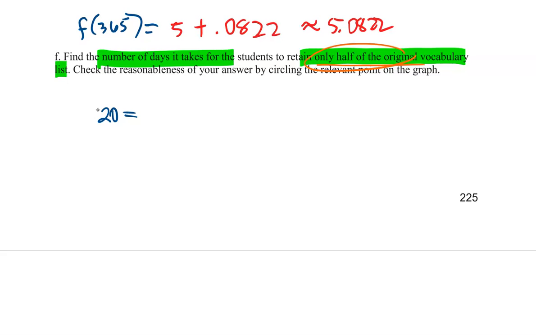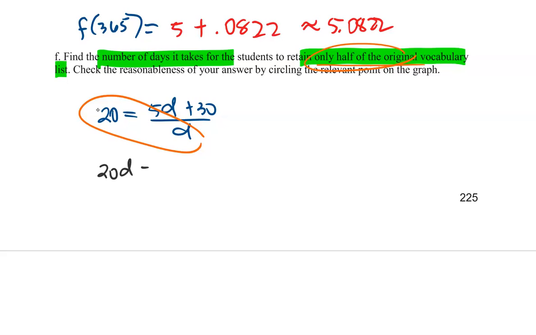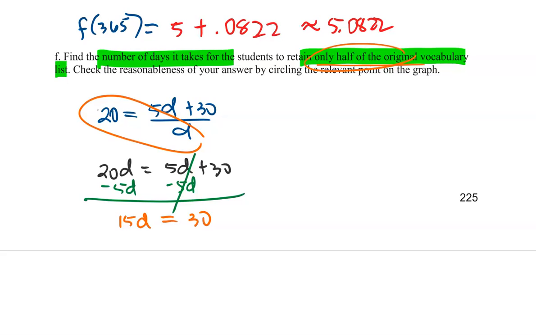So 20 is equal to (5d plus 30) over d. Multiply this. That is 20d is equal to 5d plus 30. And then subtract 5d both sides. So that 20 minus 5 is 15d is equal to 30. And then divide by 15.